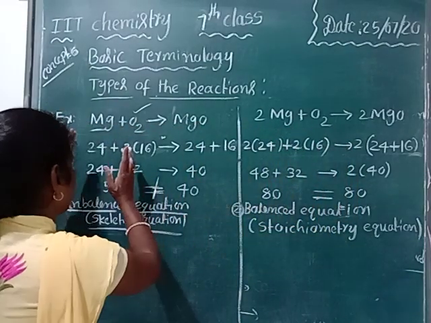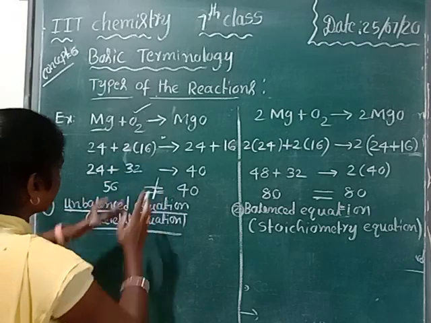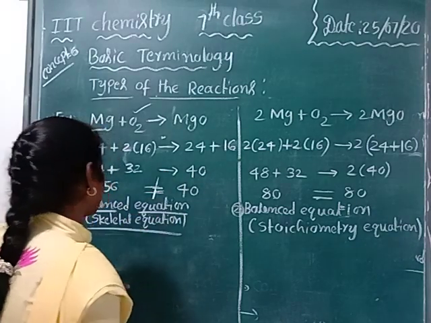When the total mass of the reactants does not equal the product side, it is called an unbalanced equation.